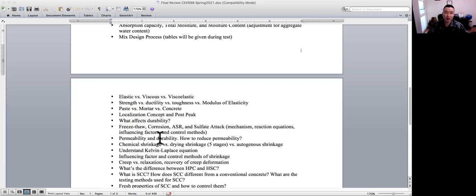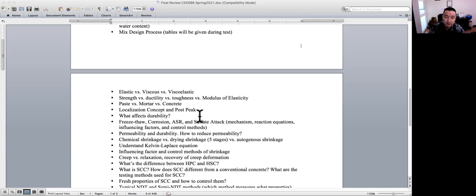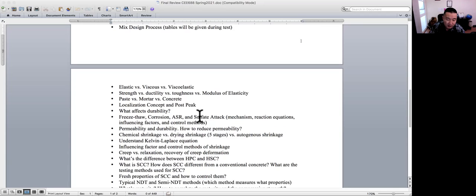In other parts of the concrete, it can still resist some of the stress, and that's the reason we have a post-peak behavior for concrete. This is very important for steel reinforced concrete. So that is about mechanical properties.